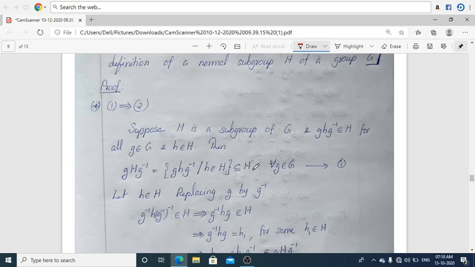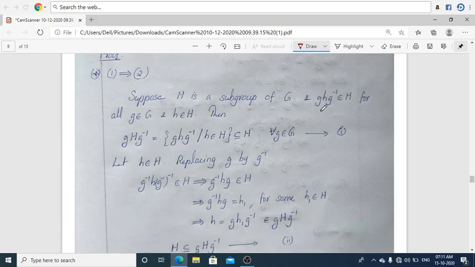To prove this, take an arbitrary element small h of H. We assume ghg⁻¹ is an element of H for all g element of G, h element of H. Since g is a group element, g⁻¹ is also in G, so we apply the assumption with g⁻¹: g⁻¹hg⁻¹⁻¹ is an element of H. So g⁻¹hg is an element of H. This is an element of H, say h1. So g⁻¹hg is equal to h1 for some h1 element of H.